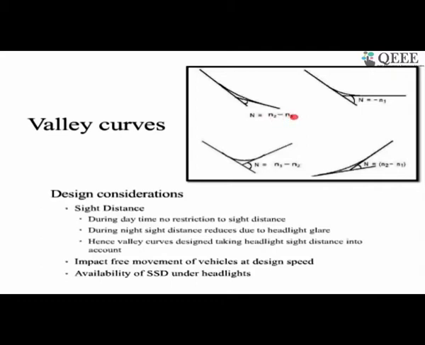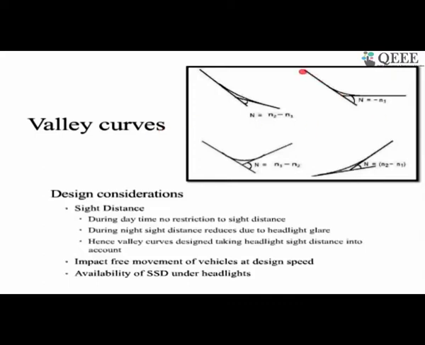N2 is positive, but N1 is negative. I mean, both are negative, but if we subtract, N2 becomes positive and N1 will remain negative. So N1 is always greater than N2 in this particular case. Definitely this will result in a negative value, which means we are going to get a valley curve.